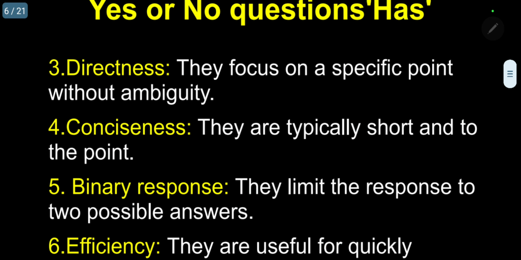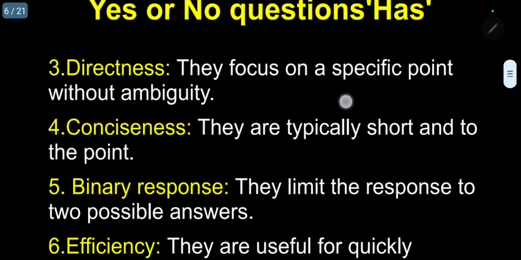Number 4, conciseness. They are typically short and to the point. Number 5, binary response. They limit the response to two possible answers. One is yes, another is no.